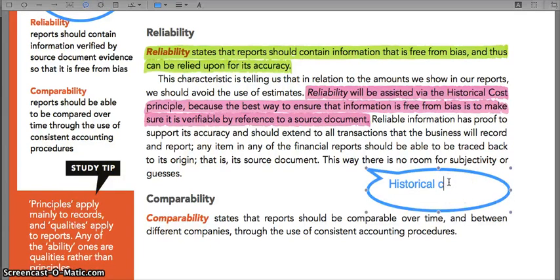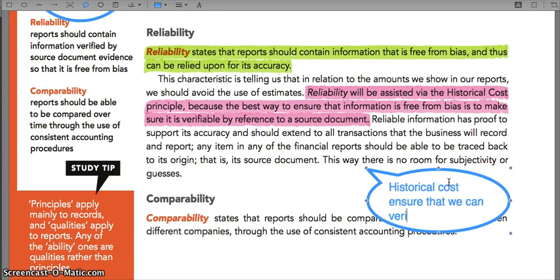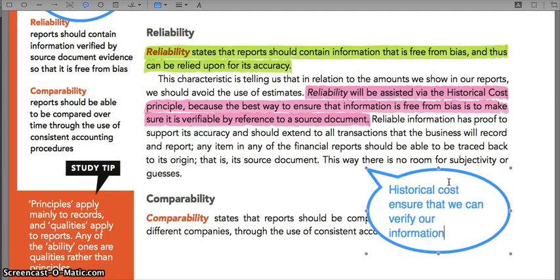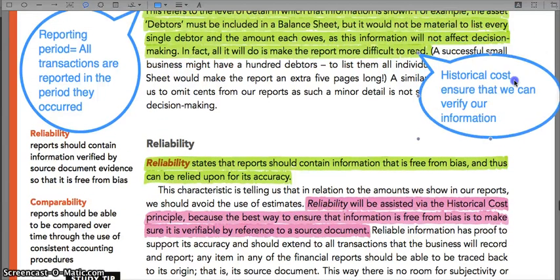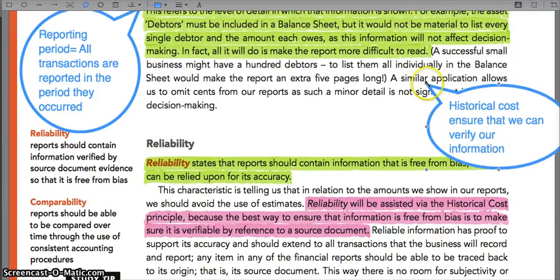So here we can say historical costs ensures that we can verify our information. I'll move that up here.